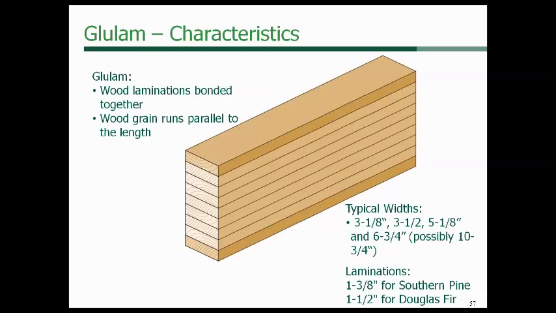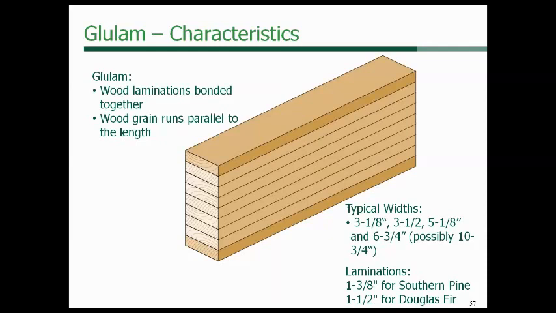So as I said, individual lams or laminations, lams we sometimes call them, are typically 1 3/8 inch thickness for southern pine and 1.5 inches for your western species like Douglas fir. So again, check with your supplier to see what kind of materials they have in stock for your region, because it will vary regionally.